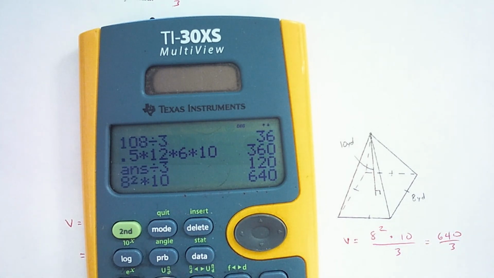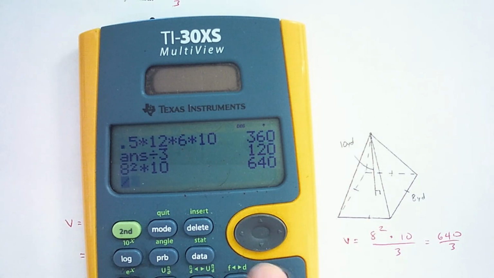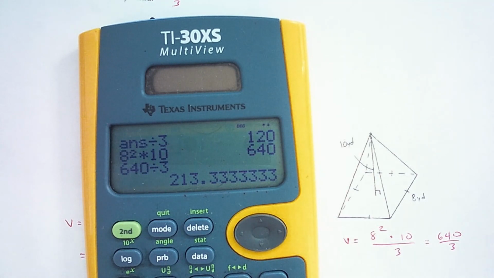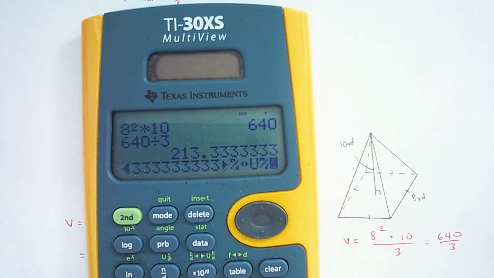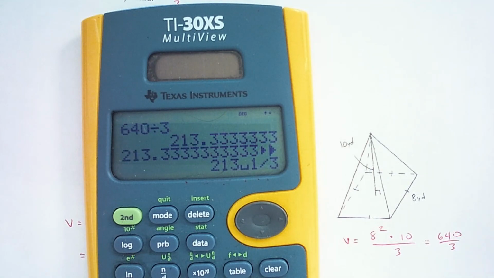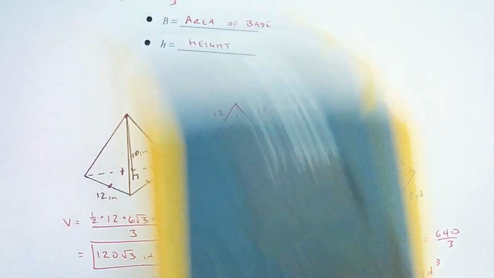I'm going to write that as a fraction. So I'm going to do 640 divided by 3, and then I'll use this right here, second function, and I'll make a mixed number out of it, and I get 213 1/3, and that is in yards cubed.